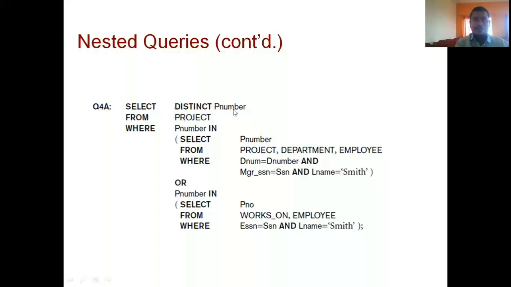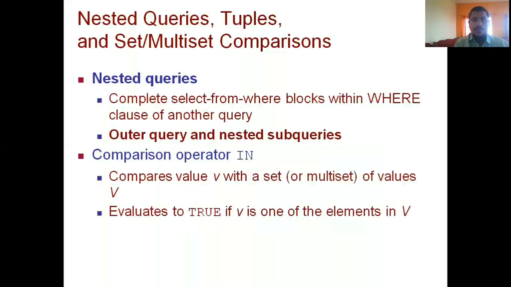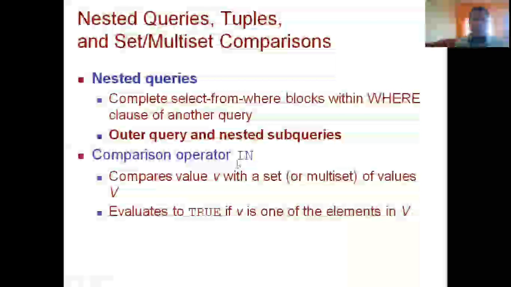We have to select distinct project number from the project relation. The condition is where project number in, see, where project number in, means it consists of one more nested query. So here the comparison operator IN represents the nested query.